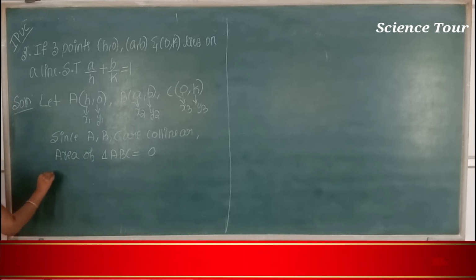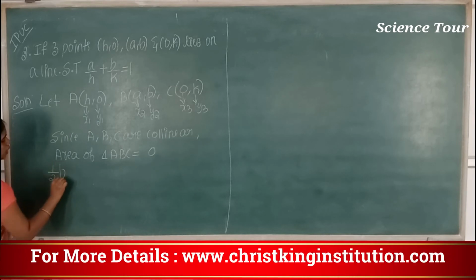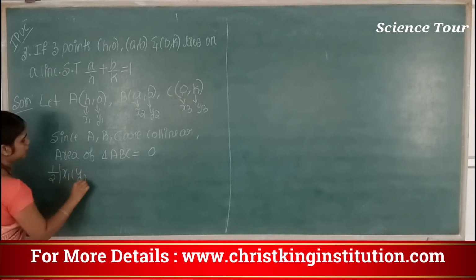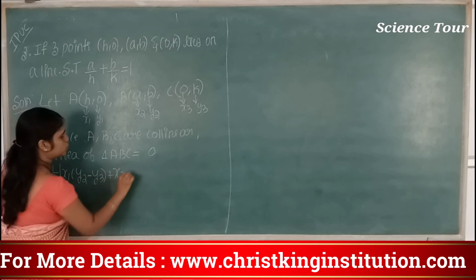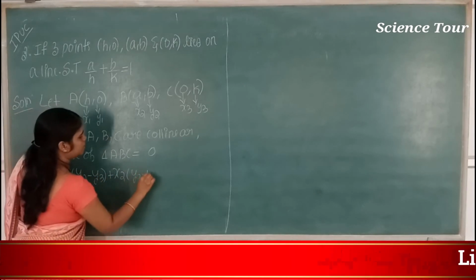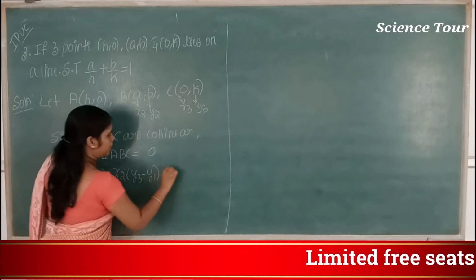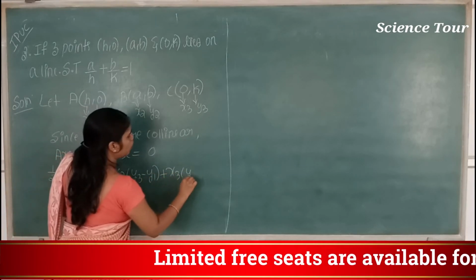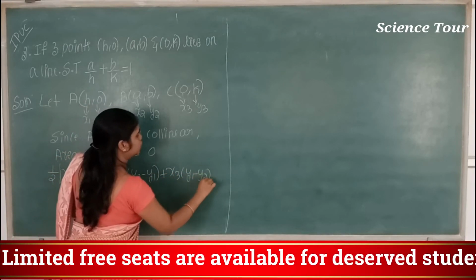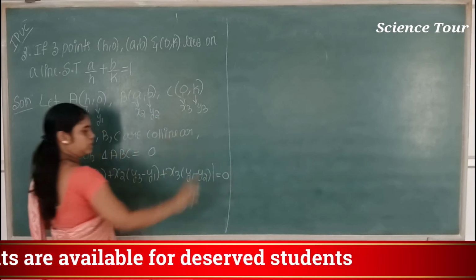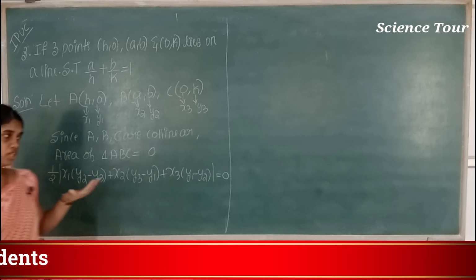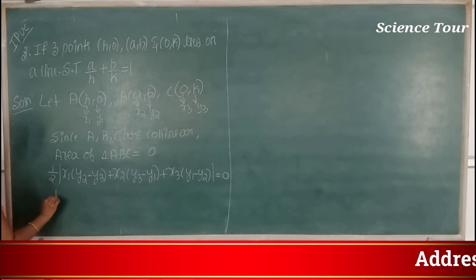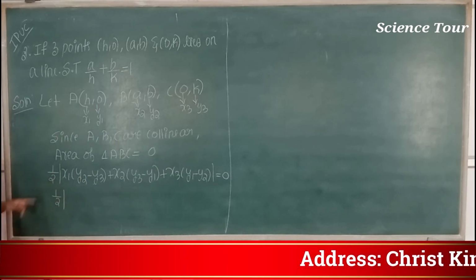That is given by half into modulus of x1 into (y2 minus y3) plus x2 into (y3 minus y1) plus x3 into (y1 minus y2), equal to 0. This is the formula we'll use to find the area of the triangle. We'll substitute the values now, half into x1.